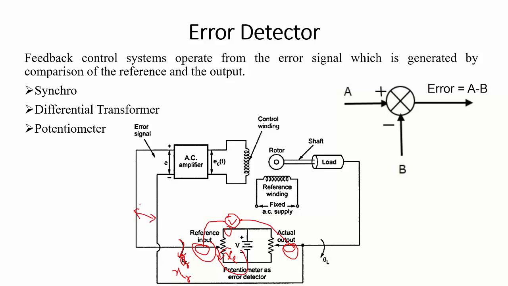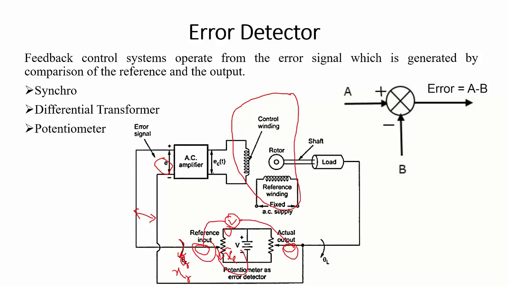And this difference in voltages will be fed to an AC amplifier. So this difference is given by E. When this difference in voltage is fed to the AC amplifier, it will be amplified to a voltage EC fed to a control winding. So now shown over here is the same servo motor that we discussed, the AC servo motor that we discussed yesterday in the previous lecture.